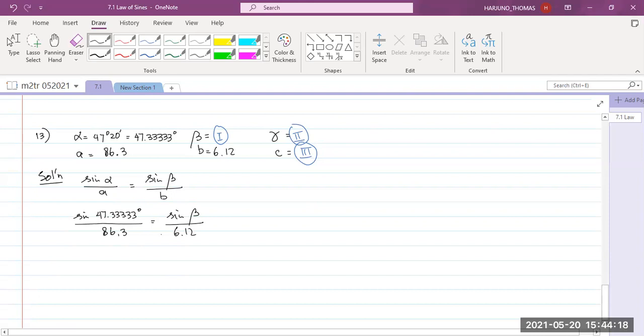So sine beta is equal to 6.12 sine 47.3333 degrees over 86.3. 6.12 sine 47.33333 close parenthesis divided by 86.3.